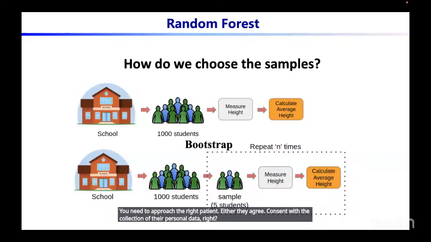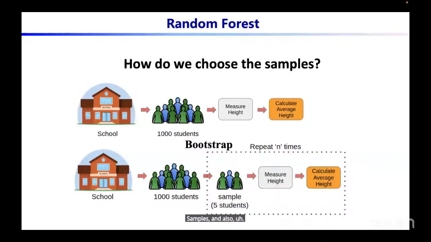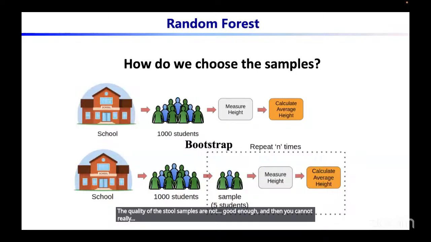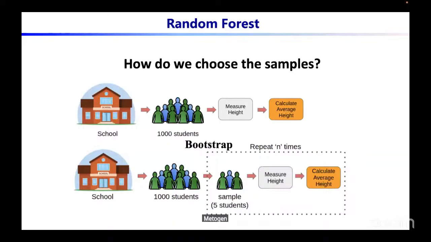Samples, and particularly like the stool samples, sometimes the quality of the stool samples is not good enough, and then you cannot really get high enough quality metagenomic data. If you don't have high enough quality, the data is not qualified as valid data, and then you have to throw away the sample altogether. So this is the difficulty in collecting clinical data.